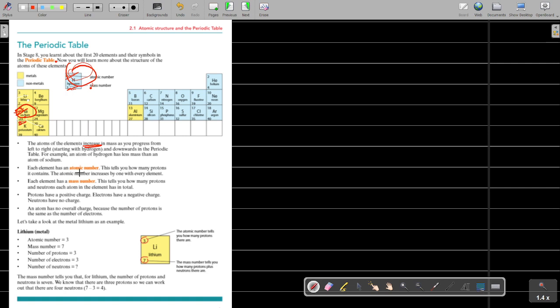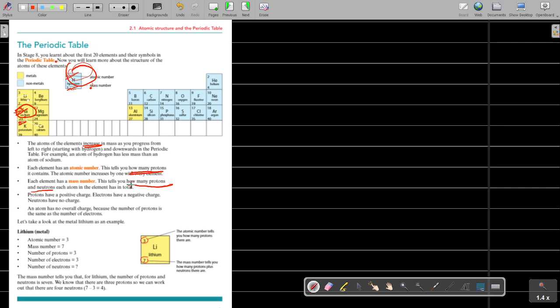Each element has an atomic number. This tells you how many protons it contains. The atomic number increases by 1 with every element. Each element has a mass number. This tells you how many protons and neutrons each atom in the element has in total.